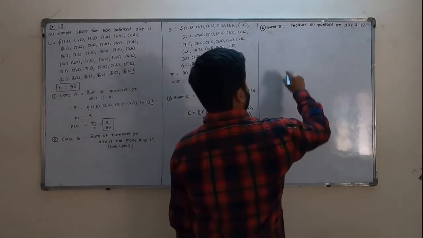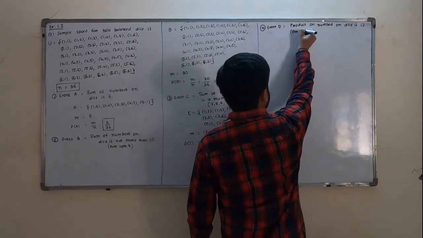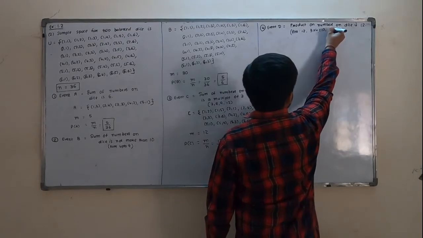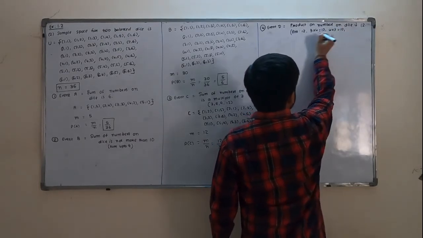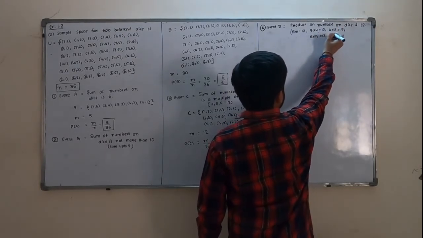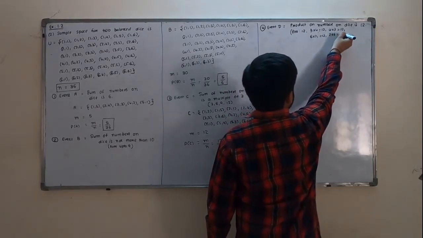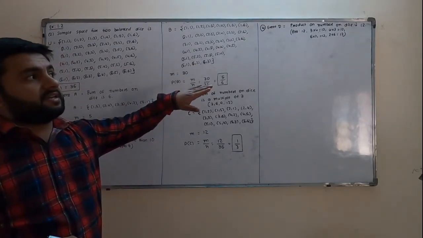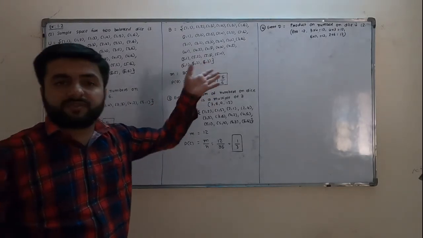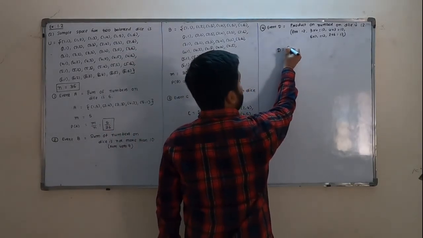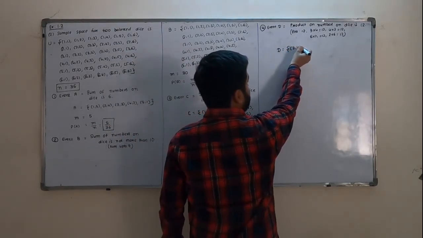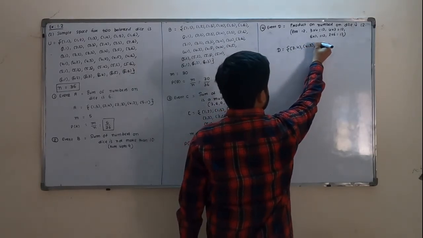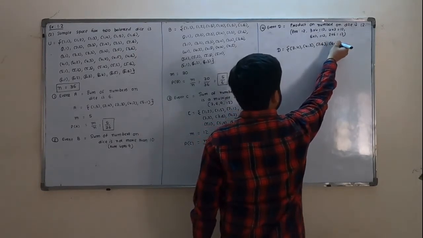Now for the product 12: 3 4s are 12, 4 3s are 12, 6 2s are 12 and 2 6s are 12. Only that is possible. So the elements will be that itself: 3 4, 4 3, 2 6, 6 2.